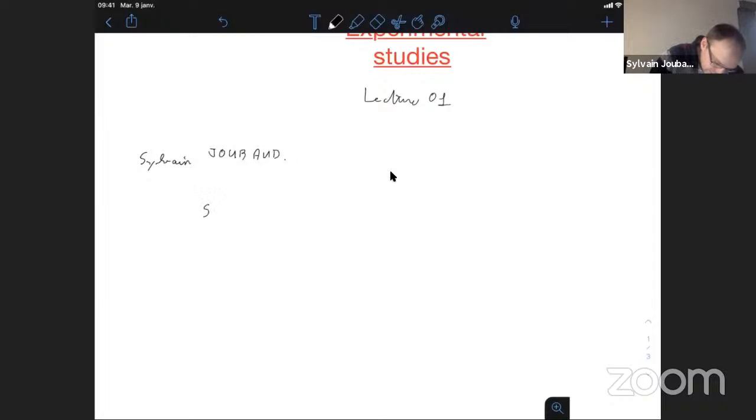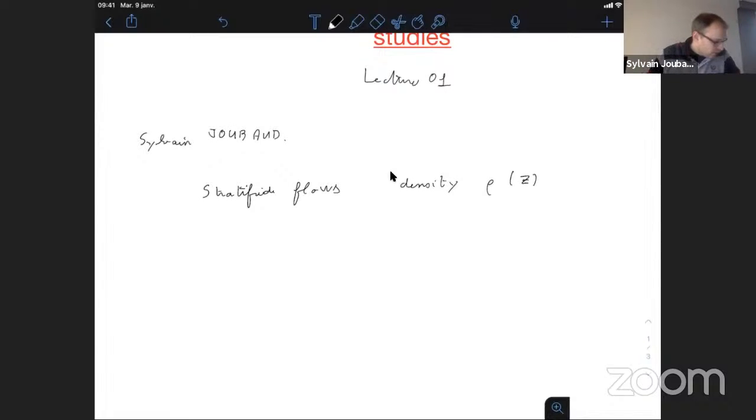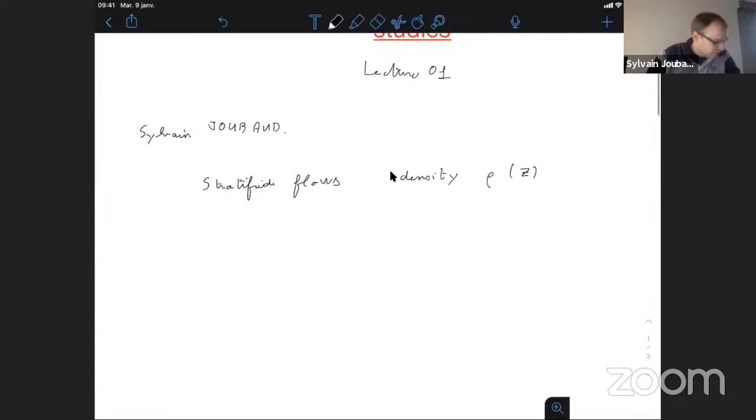For stratified flows, the density depends on the position and mainly depends on z. You had three lectures already, so you may know many things I will discuss just in the introduction.